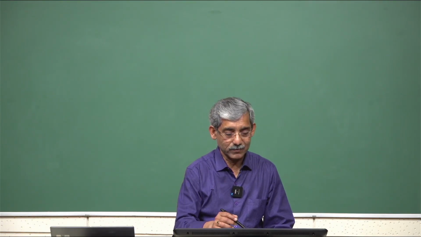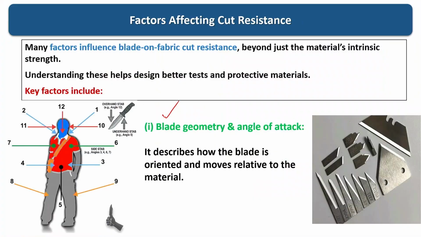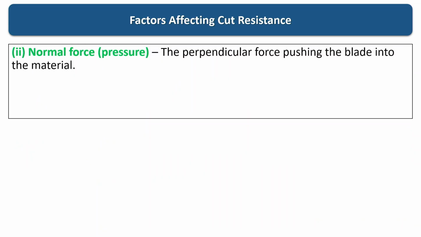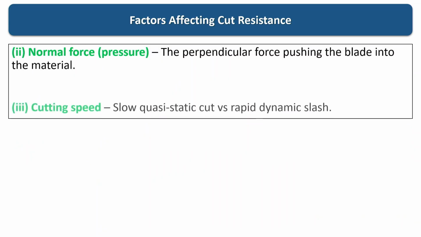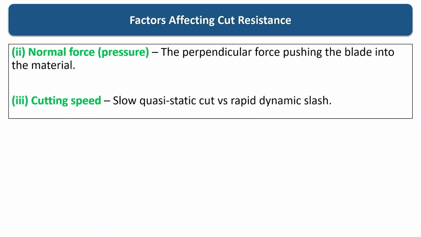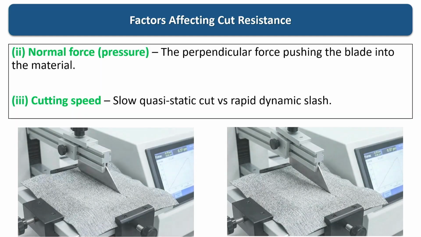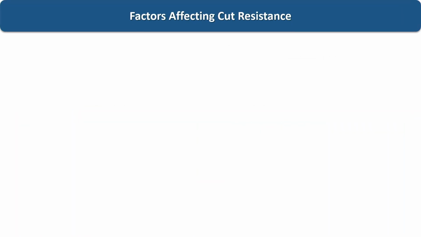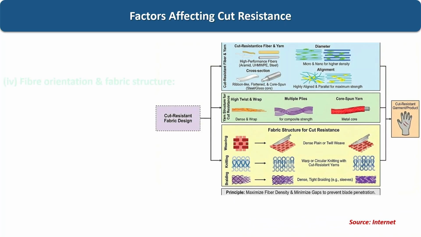These factors are blade geometry and angle of attack that we have already mentioned, normal force, then cutting speed, whether it is a slow quasi-static or rapid dynamic slash, and now we will start another factor, which is fiber orientation and fabric structure.